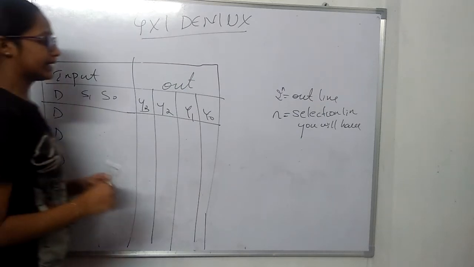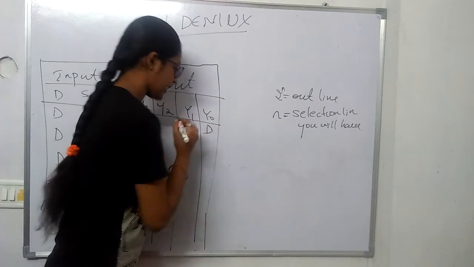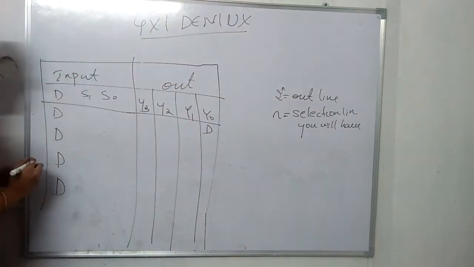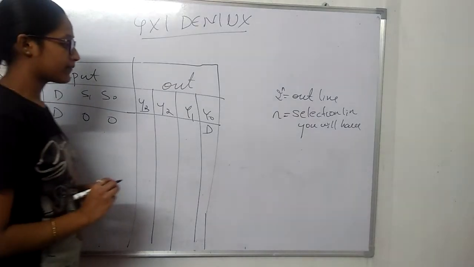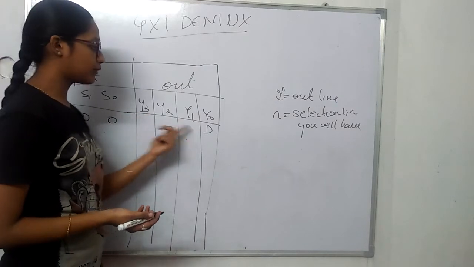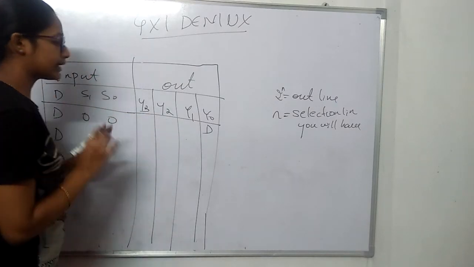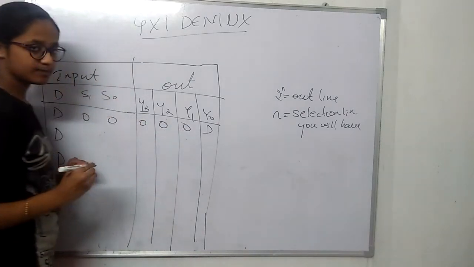In order to get data at the Y0 line, I have to make S1 and S0 as 0, 0. Then you will get the data at Y0. Then what about the lines Y3, Y2 and Y1? Here we don't get any data, so we make them 0.